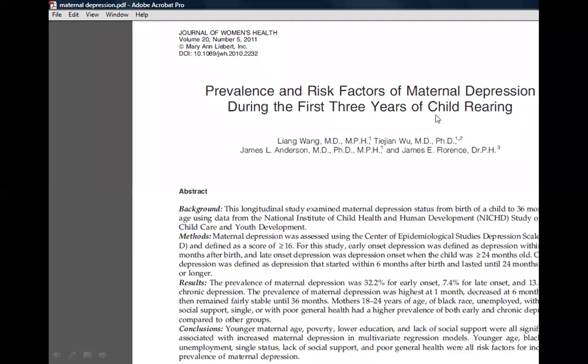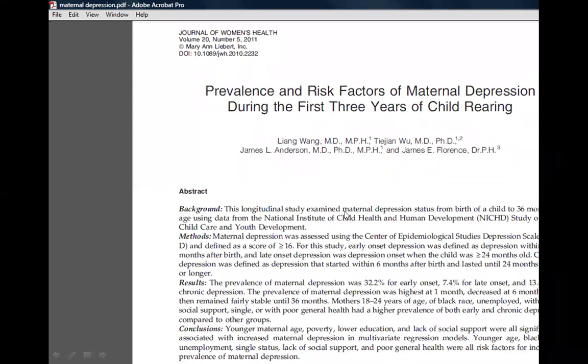And this is just one example of an interesting study that had been done a few years ago now, prevalence and risk factors of maternal depression during the first 3 years of child rearing. And I've cut most of it out. It's really just to show you, there's a longitudinal study.